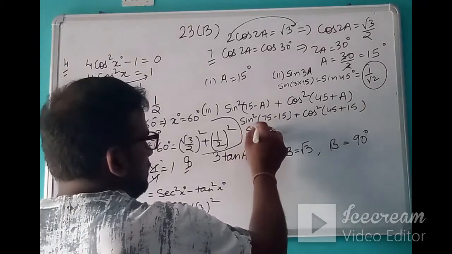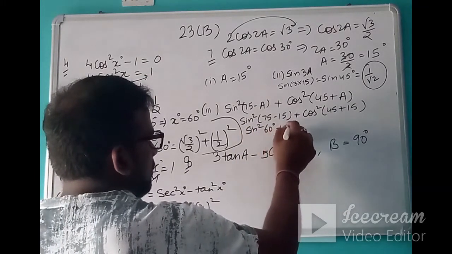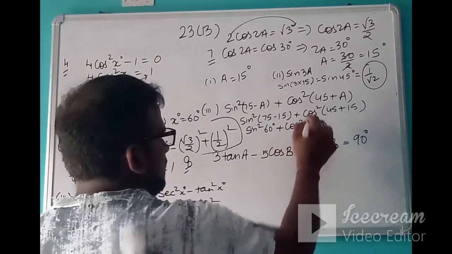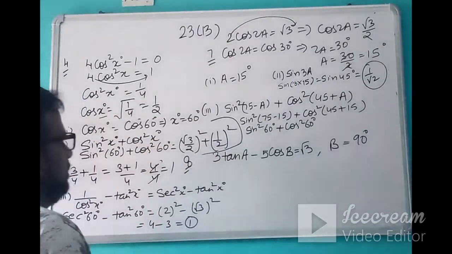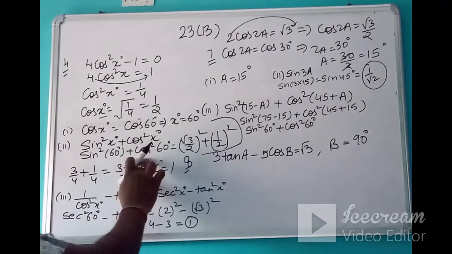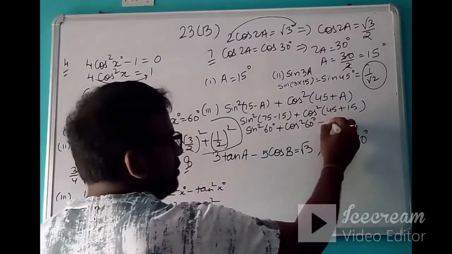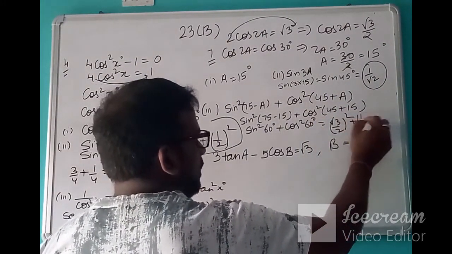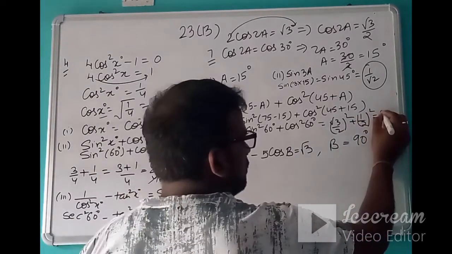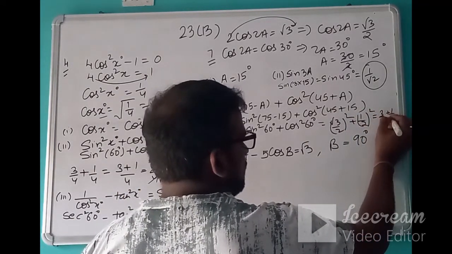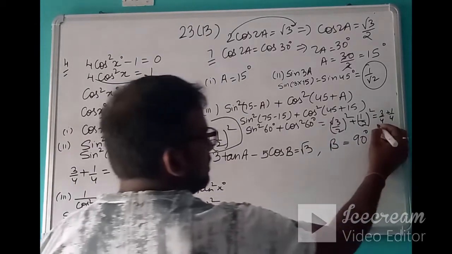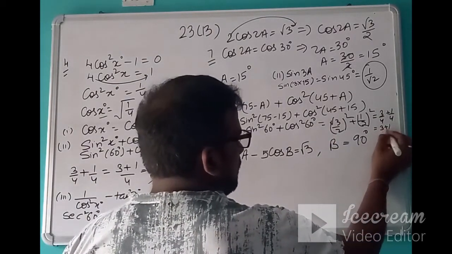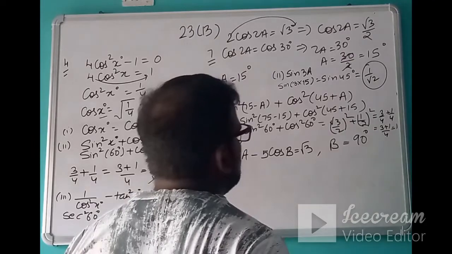So it is sine square 60 degree plus cos square 60 degree. So see, it becomes similar to the part that we have done just now. So again root 3 by 2 square plus 1 by 2 square, it will give you 3 by 4 plus 1 by 4. That is 3 plus 1 by 4 equals 1.